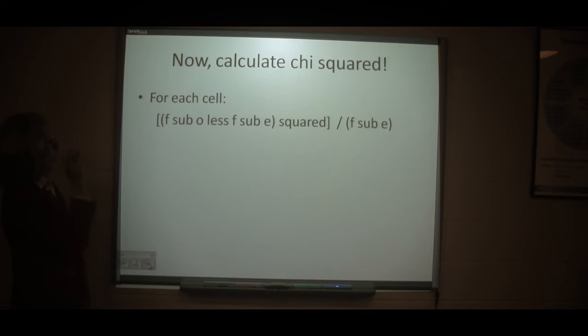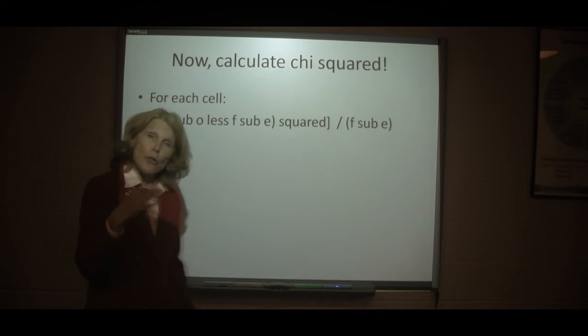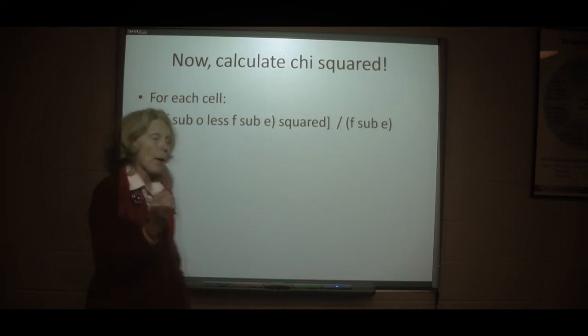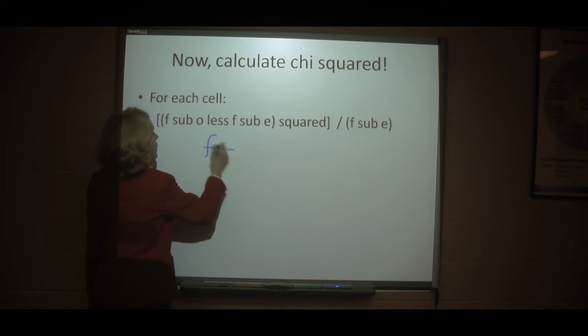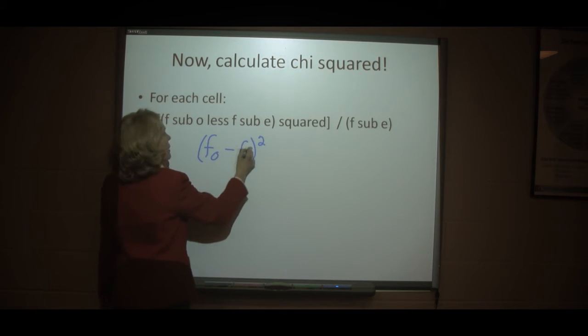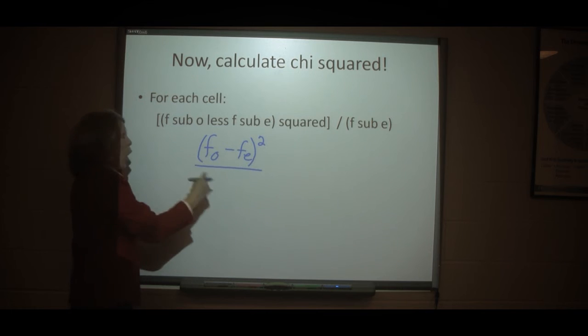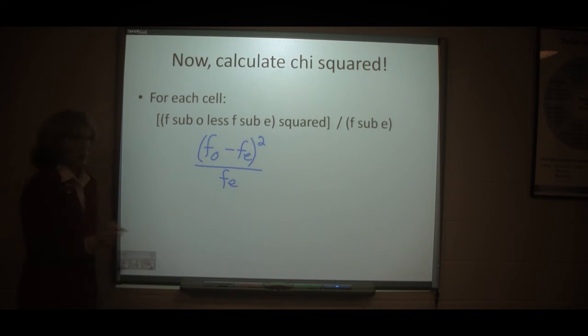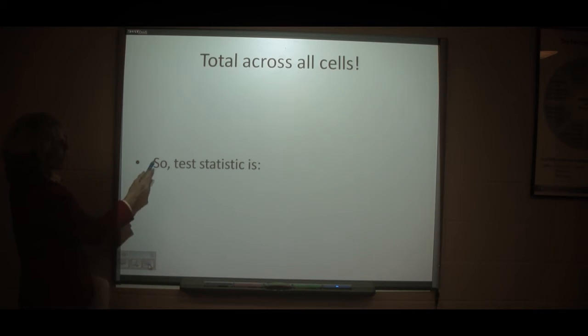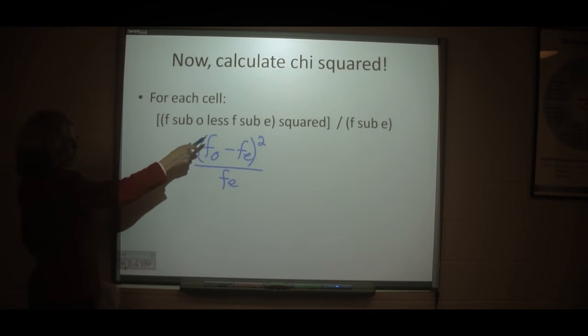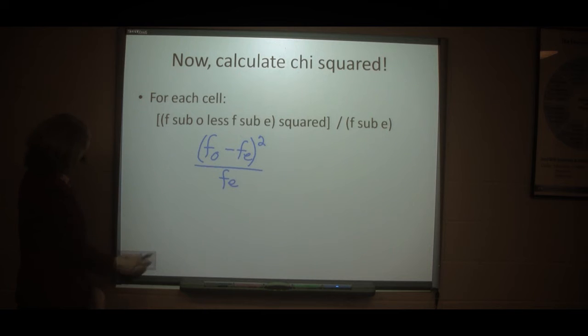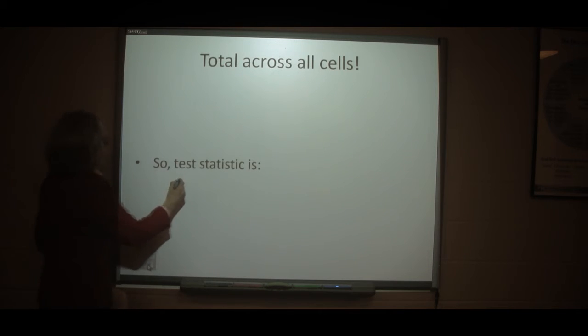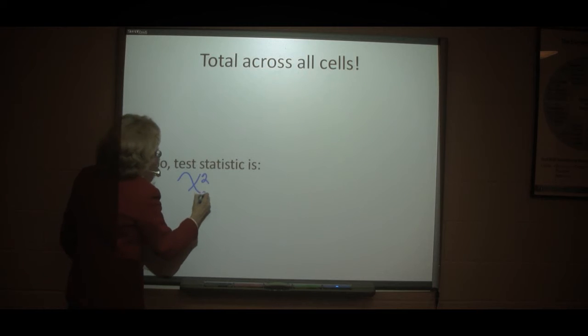Now, for each cell, we are going to do the same formula that we did in chapter 12.1, where F sub O minus F sub E squared over F sub E. And then we will add up all the cells. We're going to calculate this for all the cells, and then we're going to add them up to get the chi-square calculated.